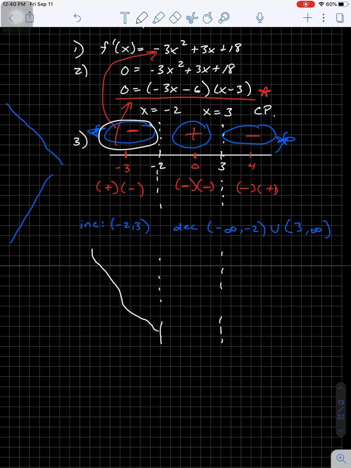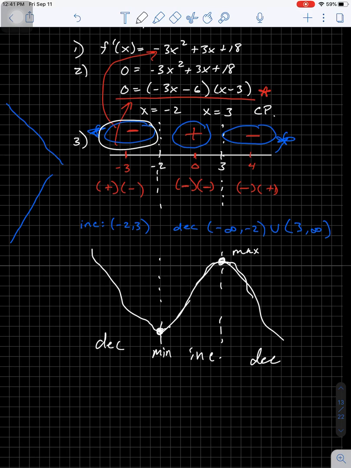And then I'm increasing in this middle section, and then I'm decreasing in this right-hand section. Look at what happens. In order to decrease and then increase, what you're doing is you're creating a minimum, because it goes down and then up. That creates a minimum. If you're increasing and then decreasing, you are creating a maximum.